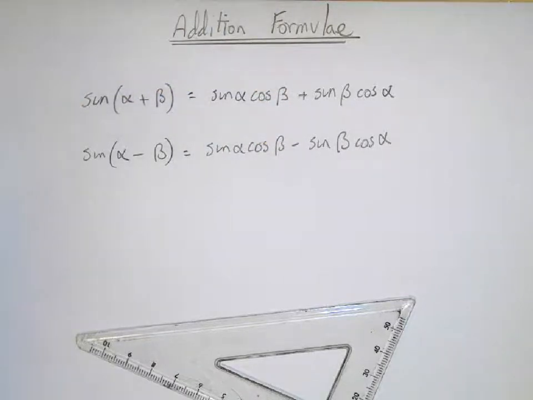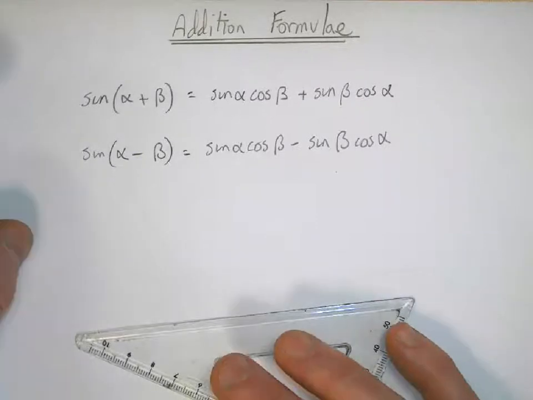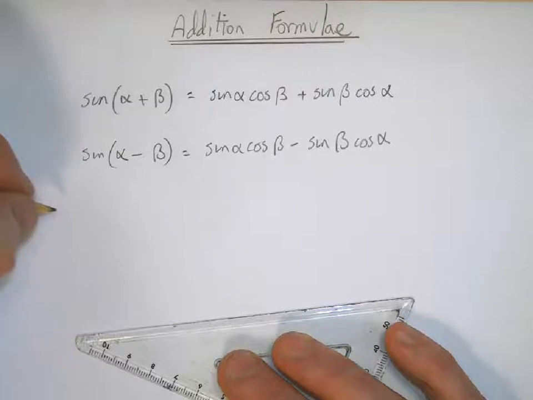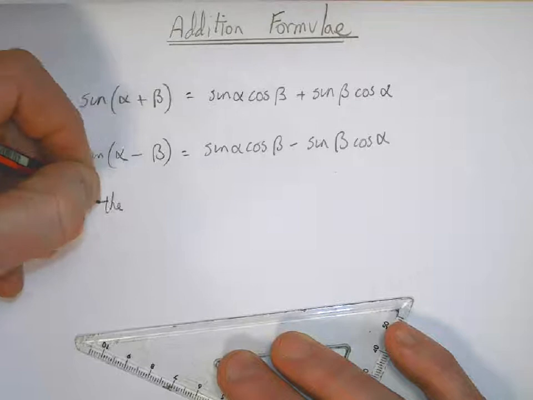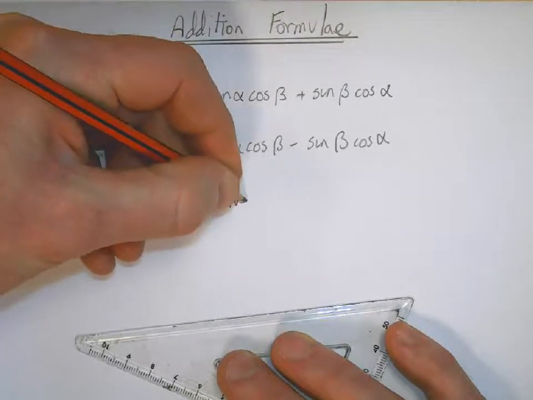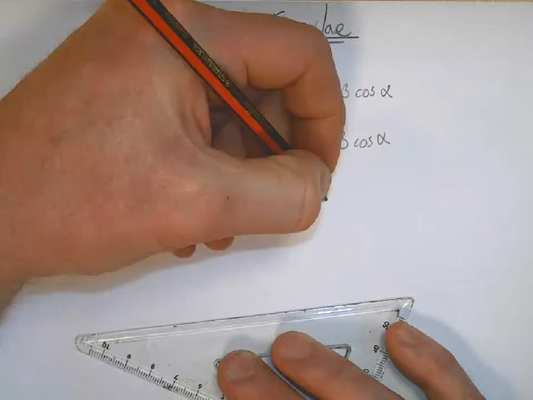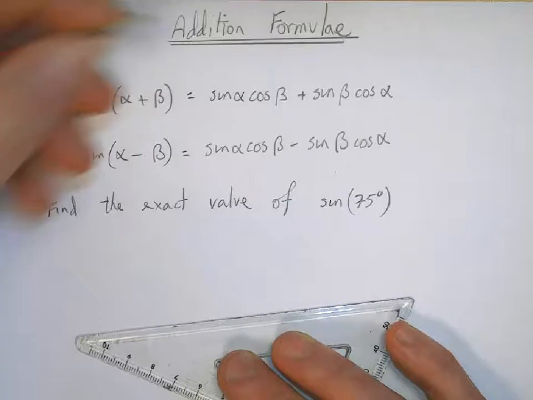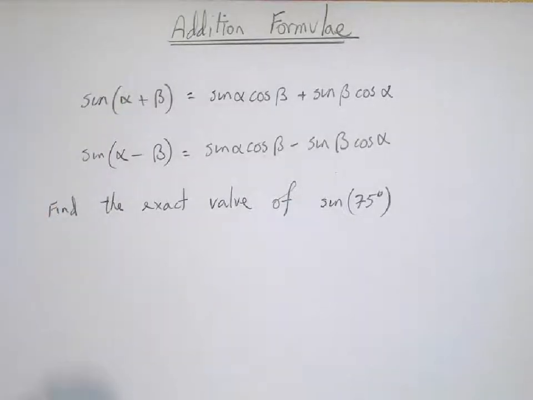Okay, sort of examples that you could get asked to do with the addition formula is one like this. You could say, find the exact value of sine 75 degrees. We could put that into the calculator, but we could also do it using the addition formula.